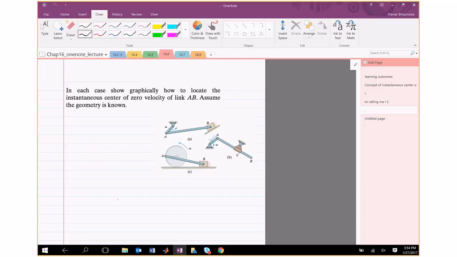So here's a basic question. You're given 3 different geometries. You have to find the IC for link AB for each of these cases.